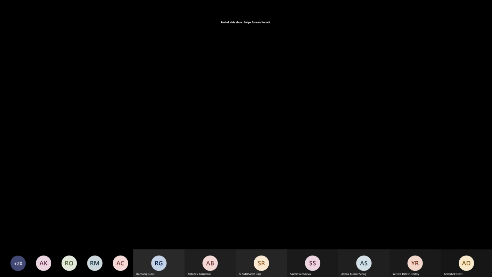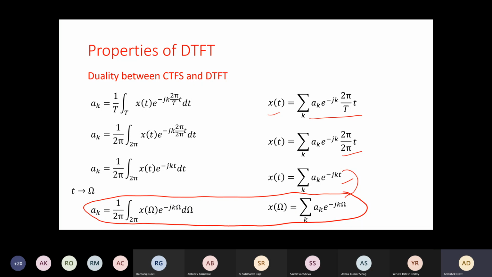Okay, good. Today is the first lecture where I completed whatever was intended. So that's very good. Any question? We have finished with DTFT today. And tomorrow we will finish DTFS also. It's simpler because we have seen DTFT and CTFS, so it's simpler.